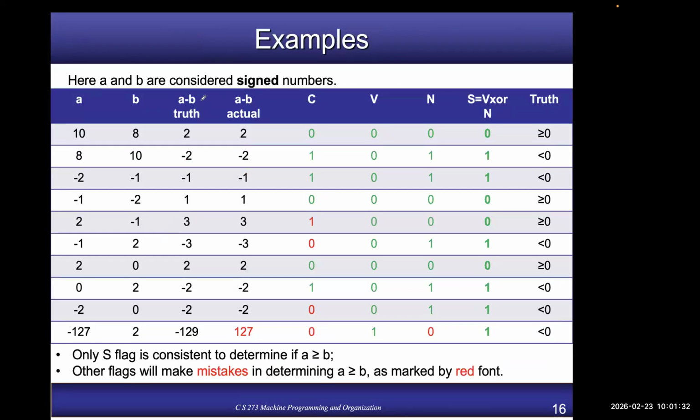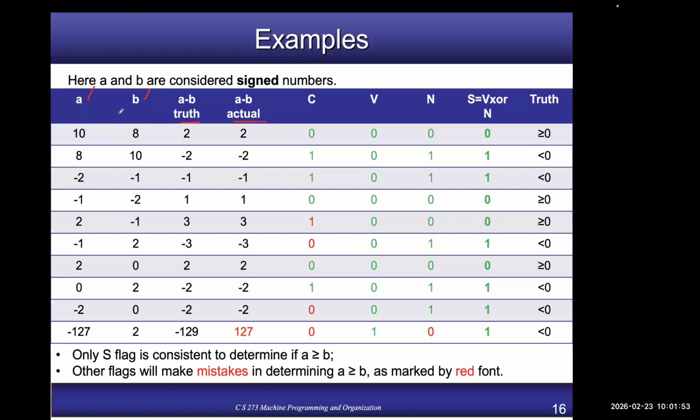Okay. So here in columns A and B you have different values of A and B, 10 and 8. And what you are doing is A minus B truth, where truth means what the value should be, and A minus B actual means the value which is contained in your 8-bit register, right?